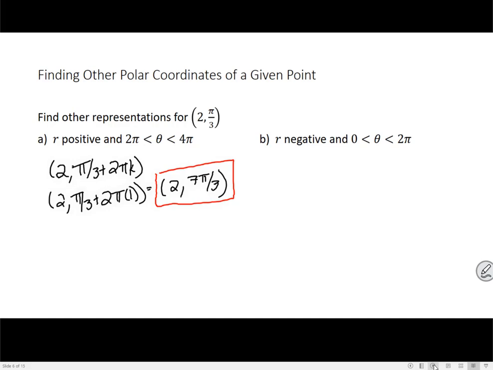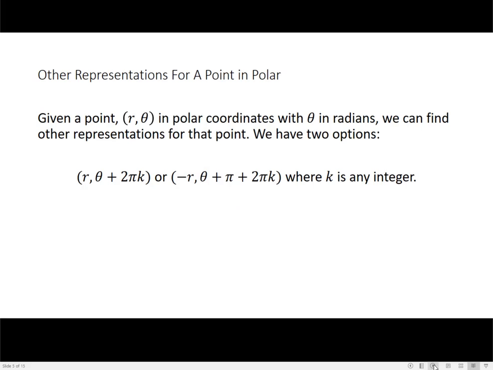Okay, but what if I now, for part B, want to change the sign of r? So now I want r to be negative, so I'm changing the sign of r, and I want my angle to still be between 0 and 2 pi. So I'm going to change the 2 to a negative 2, but now I'm going to use this second representation formula where I have to change my angle.